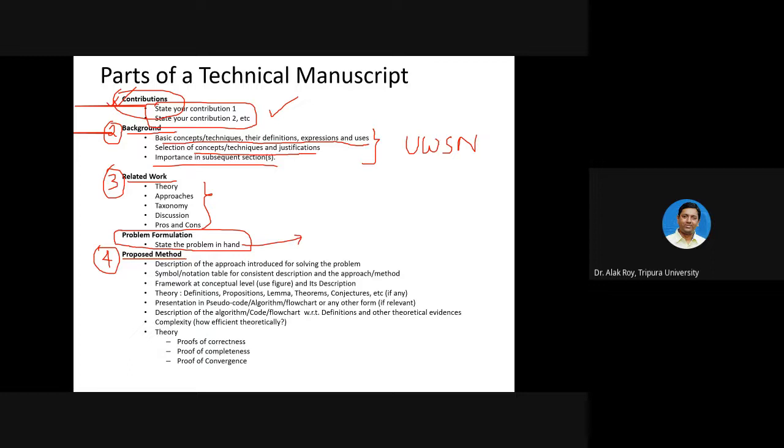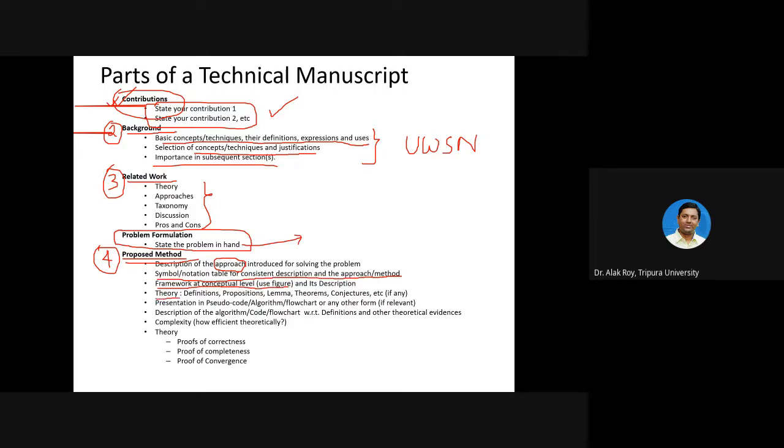So what is covered in proposed method? Description of the approach that you have introduced for solving the problem. All symbols or notations for consistent description of the approaches or the method. Framework at conceptual level, use a figure here.